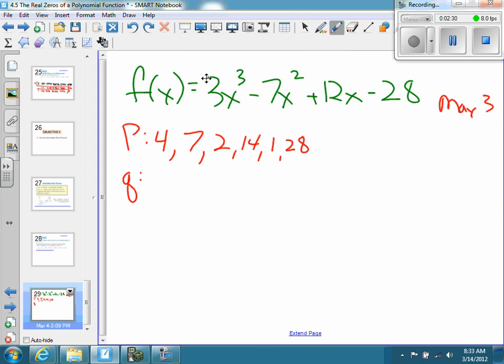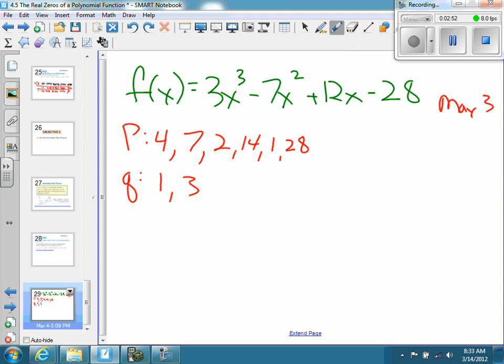And our Q, how many factors of Q? When I'm going through them, I like to cross them off.